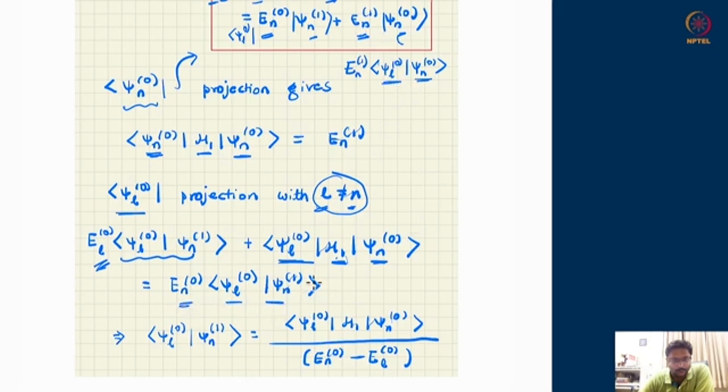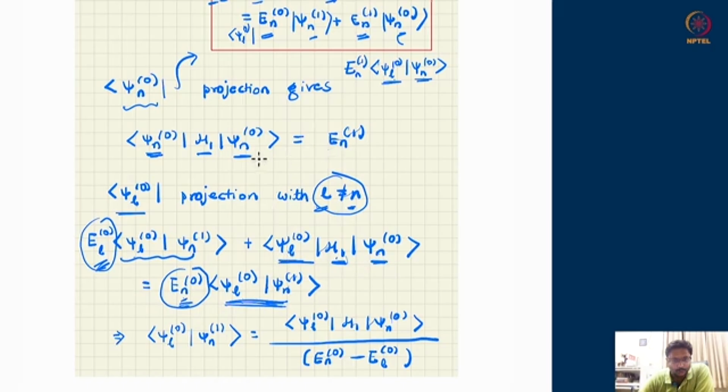I am left with only the first term, which was En0 coming with psi L0, psi n1, this inner product, and the left hand side had two terms. EL0 with the psi L0, psi n1, the same inner product which appears on the right hand side but with a different energy. Here it is EL0, on the right hand side it was En0, and the perturbation Hamiltonian is squeezed between psi n0 and psi L0, two different unperturbed eigenfunctions.